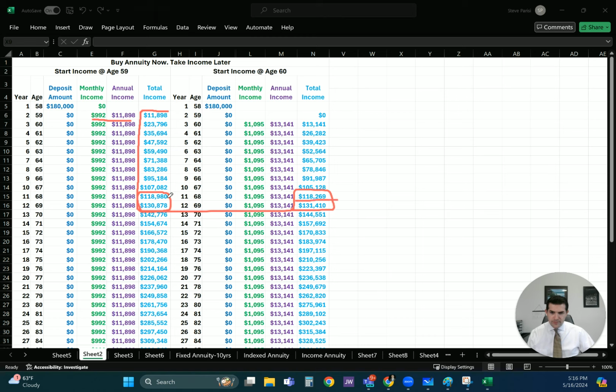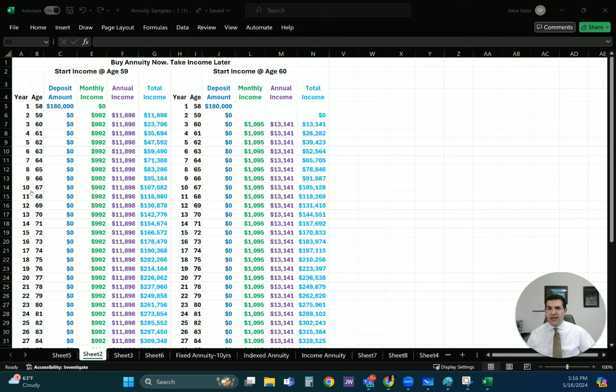See what's going on there? Between the 11th and 12th year is where I got more total dollars with this annuity. He'll be not even 70 at that point in time. So he's still in the prime golden years of retirement. This one, if he can afford to wait, probably makes more sense.